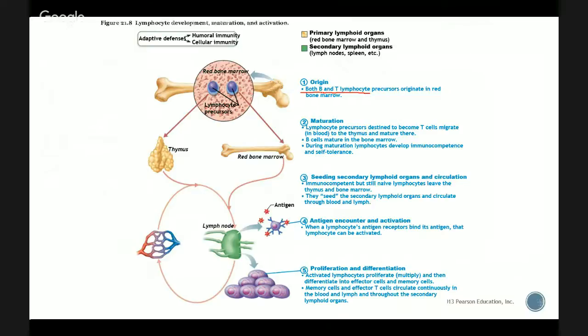So the B lymphocytes stay in the bone marrow. Bone, B cells. T cells travel to the thymus. T cells are trained in the thymus.